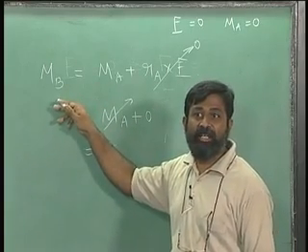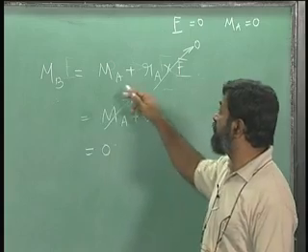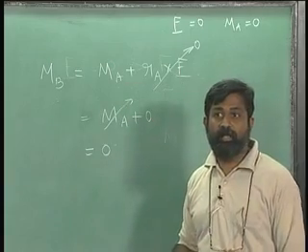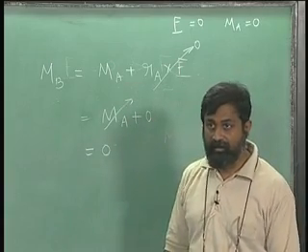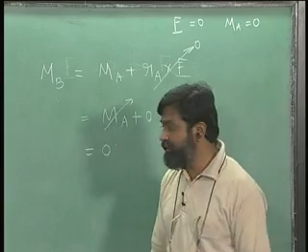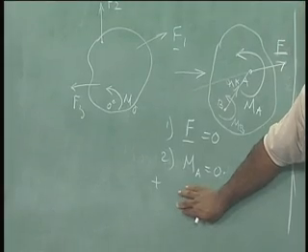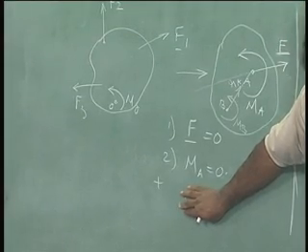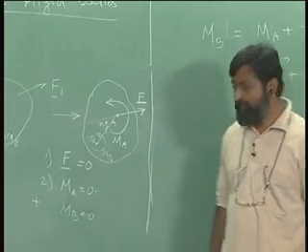So this cannot be an independent equation compared to these two. This is one thing that we have to understand, which automatically means that I will be able to get only 3 independent equations that I can solve.